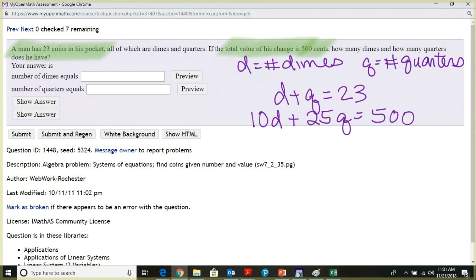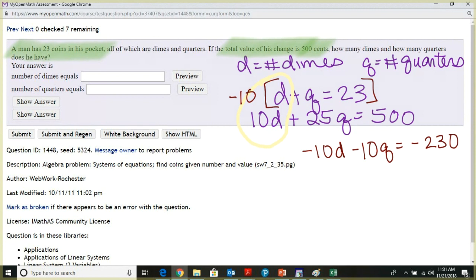So let's use addition just because I haven't done addition very much. So let's say we wanted to get these coefficients to be opposites of each other. I would just need to multiply the first equation by -10. So -10D minus 10Q equals -230.